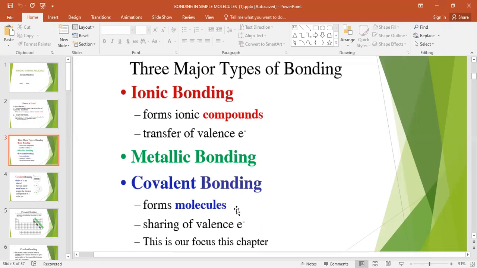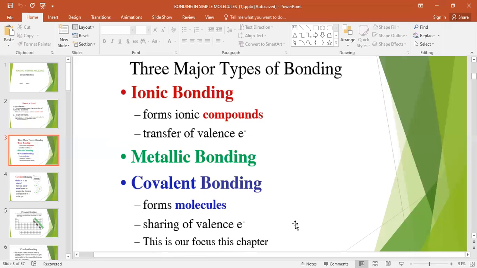Like if you have two students and only one chemistry book, if you want to share, you will not completely donate it to one another. You just put it in the center. So when you share the book, in a similar situation, covalent bonding forms as a result of sharing of electrons.